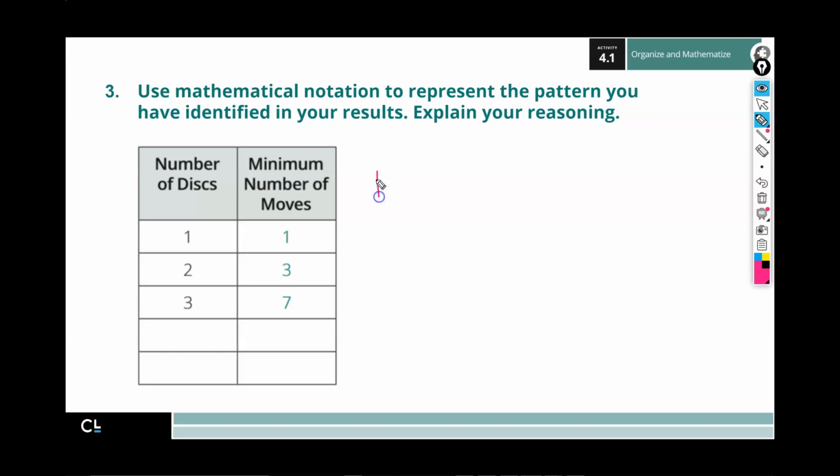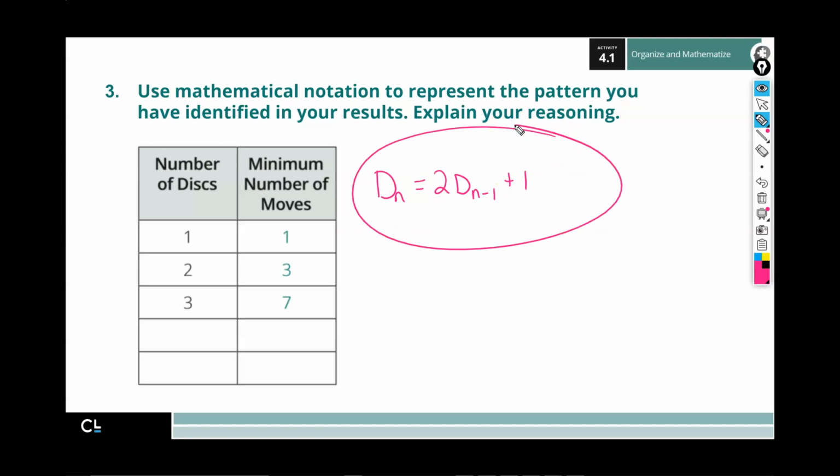So we'll say d_n, the number of discs, equals 2 times the previous term plus 1 is our recursive formula. And you can also say n is greater than 1, assuming n is a positive integer.